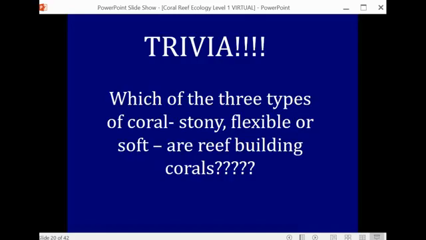Which of our 3 types, stony, flexible, or soft, is actually creating that reef, that 3-dimensional structure? One of the 3 types is secreting what makes the actual reef out there.